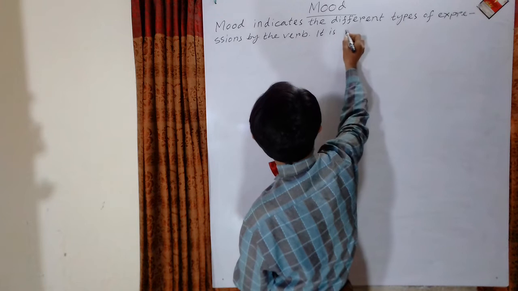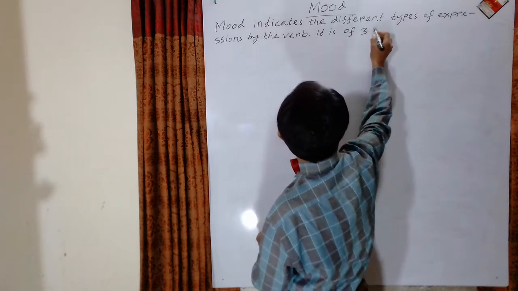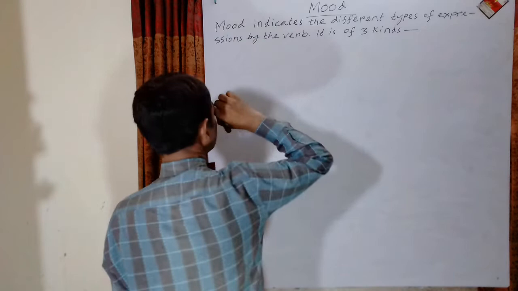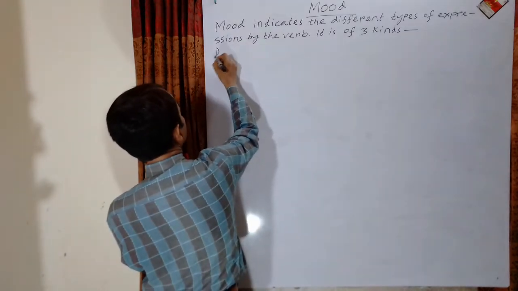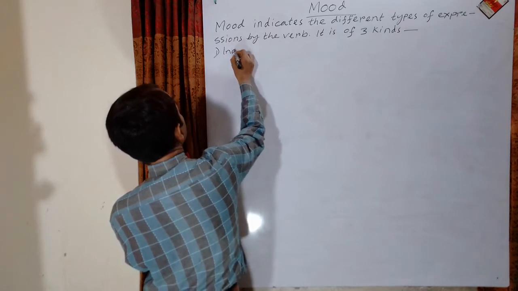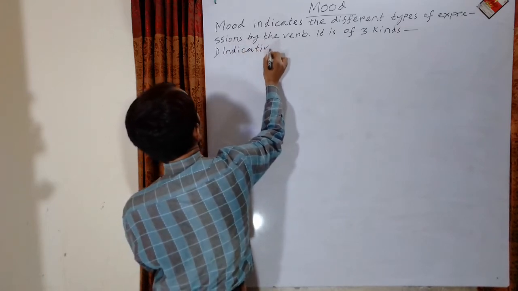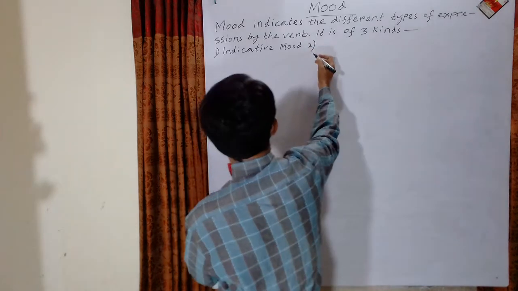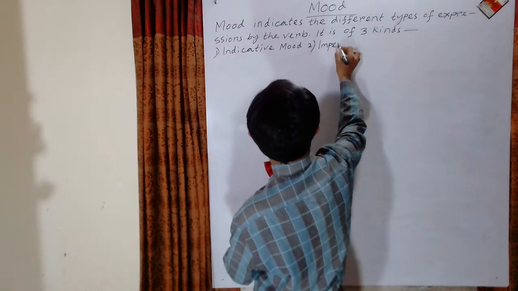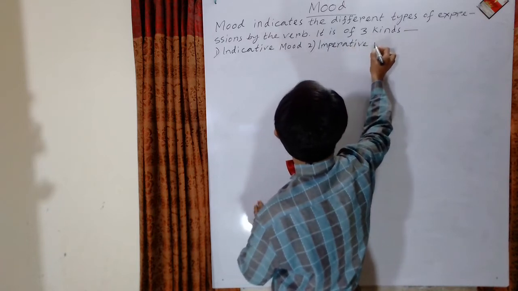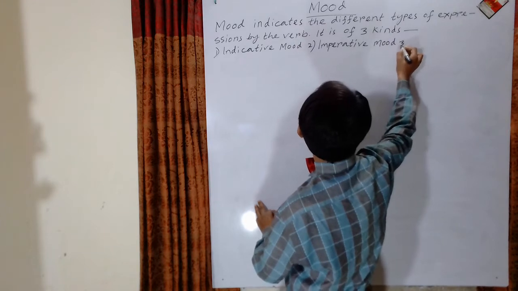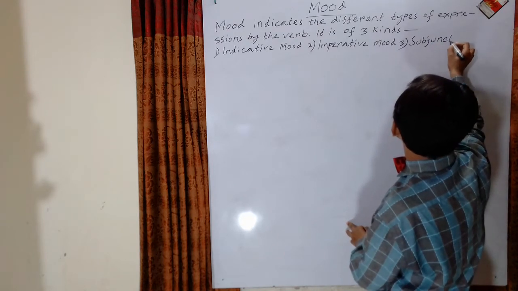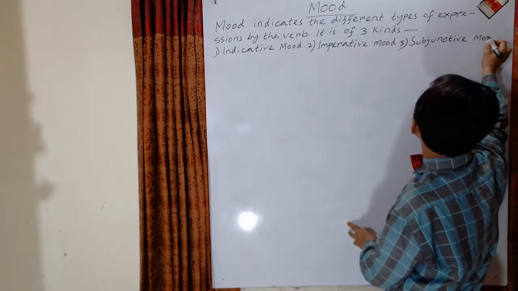It is of three kinds. One, indicative mood. Two, imperative mood. Three, subjunctive mood.